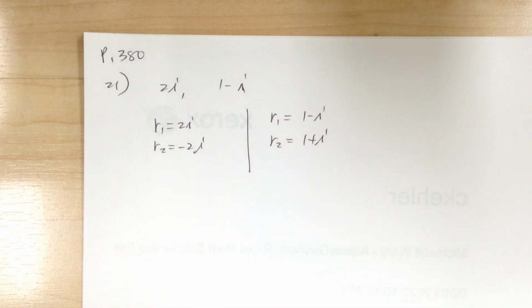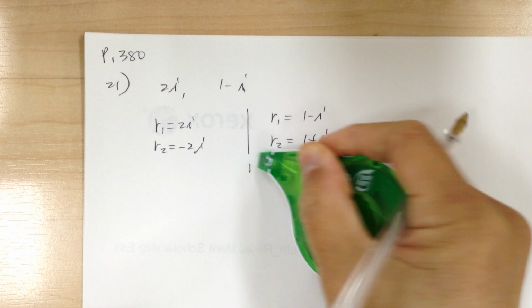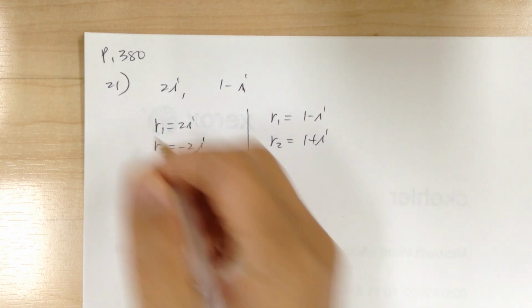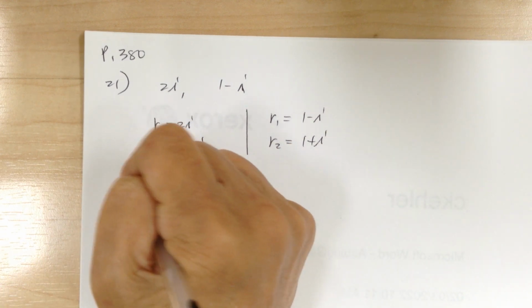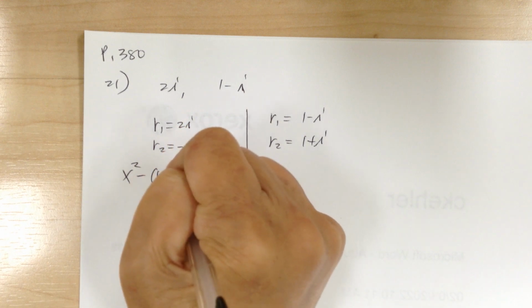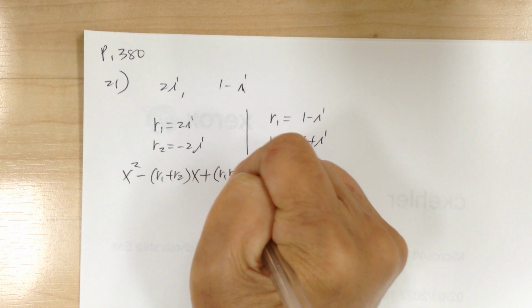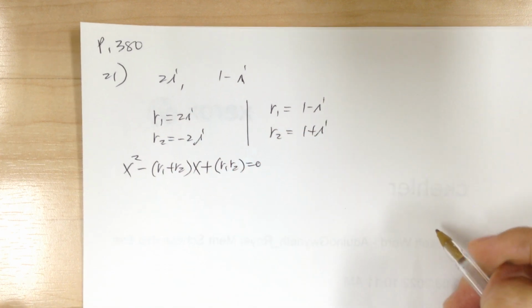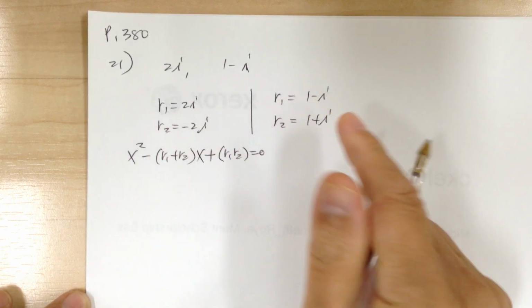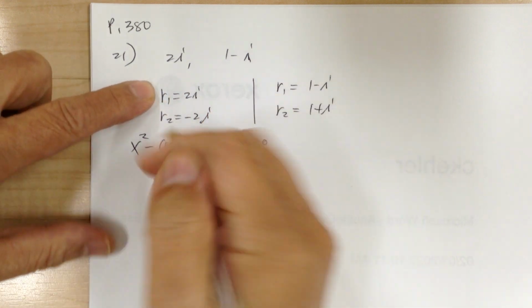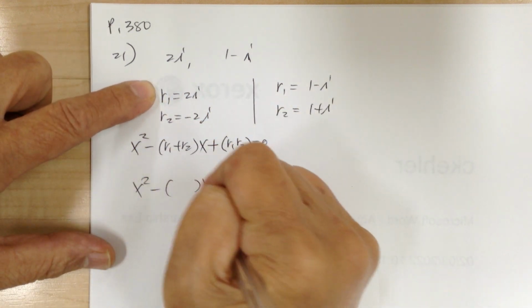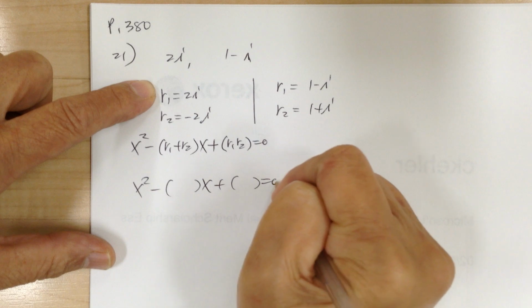And I'm going to use the root equation. Okay, the root equation is x squared minus (R1 plus R2) x plus R1 R2 equal to 0. So I'm going to apply this to both sides. So for this one, I'm going to have x squared minus, again, I'm just going to write this as a template, right?